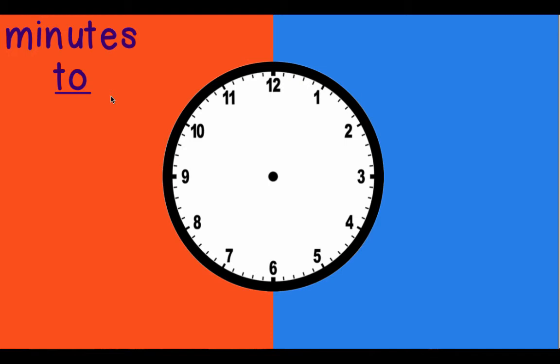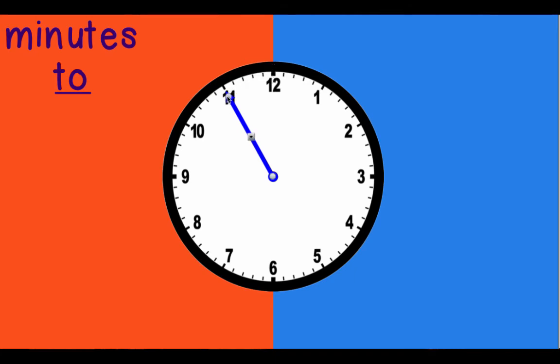Now we can look at our minutes to side of the clock. Just like we've looked at with our minutes past, counting in lots of 5, we do the same thing on our minutes to, but this time we're thinking about how far the minute hand has to go until it gets to the next hour, which is back at the 12. So how far does it need to move?